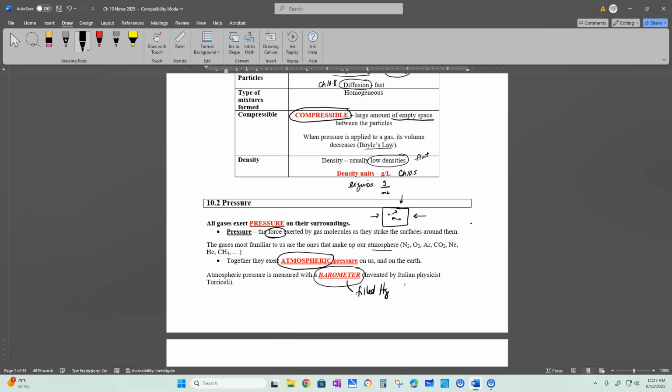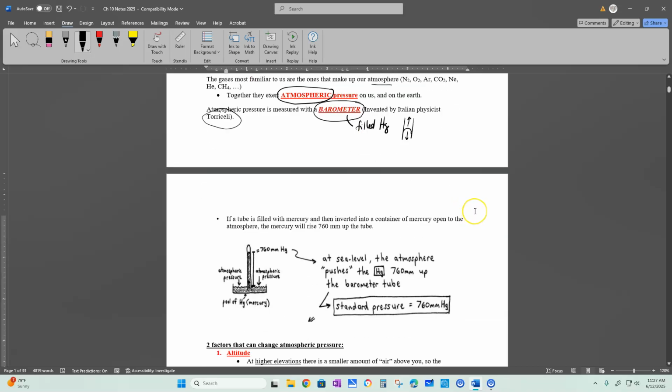Mercury has an inverted shape of its meniscus. That level will either go up or down depending on the force that's acting on it. The barometer was invented by a scientist named Torricelli, and we're going to look more into what a barometer is all about.